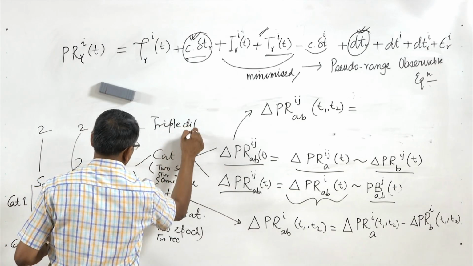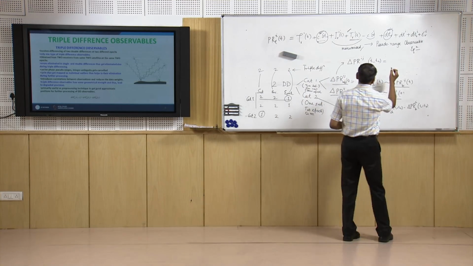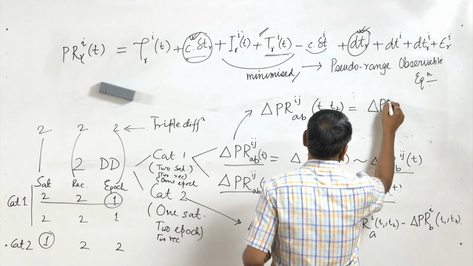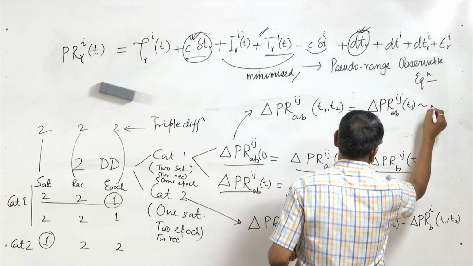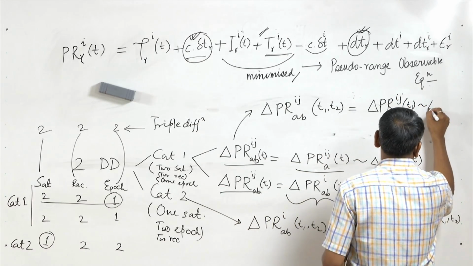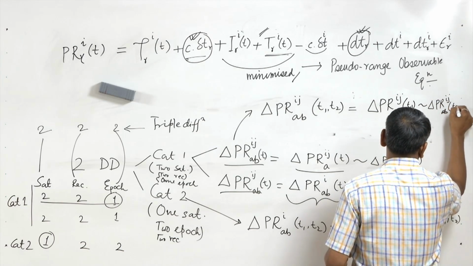So, like this: del P R A B I J T1 minus del P R A B I J T2.